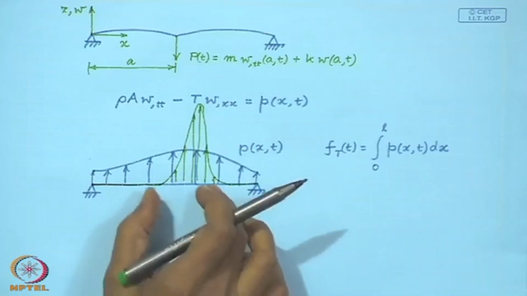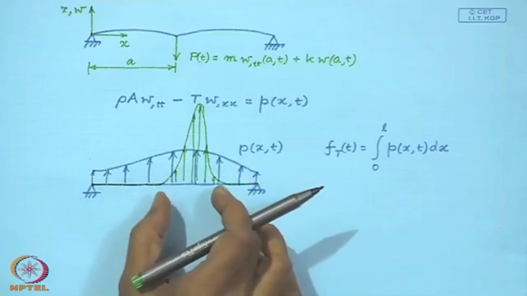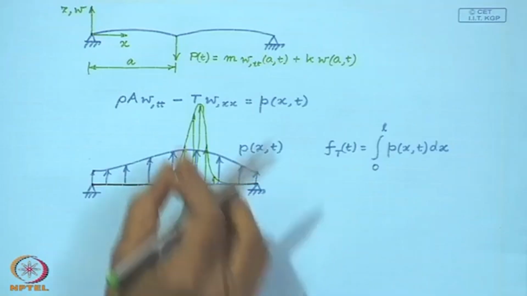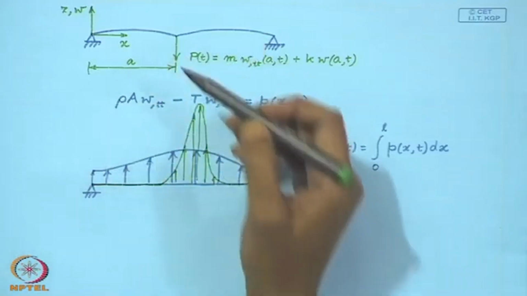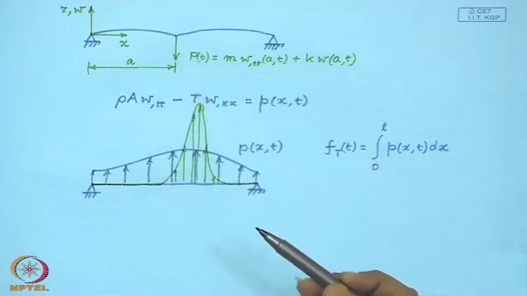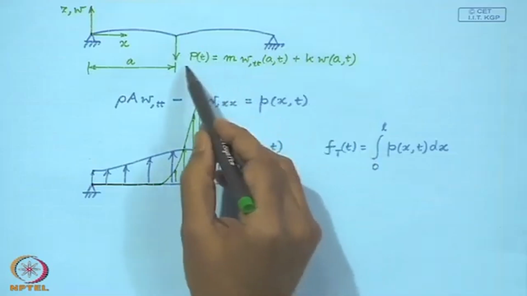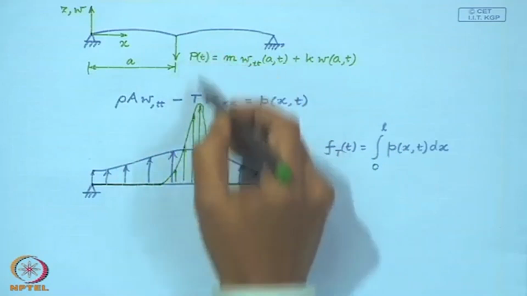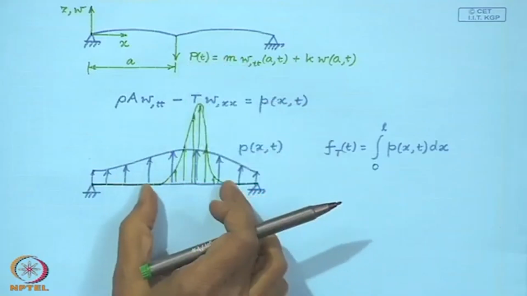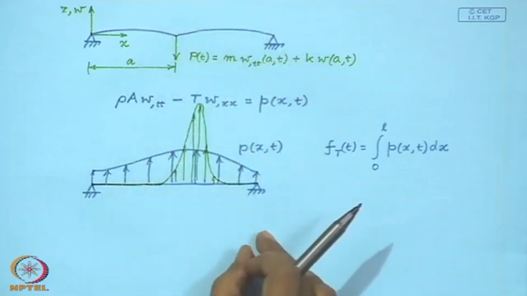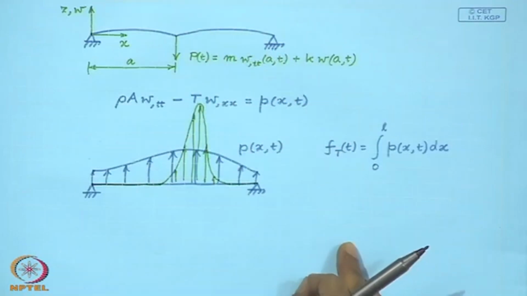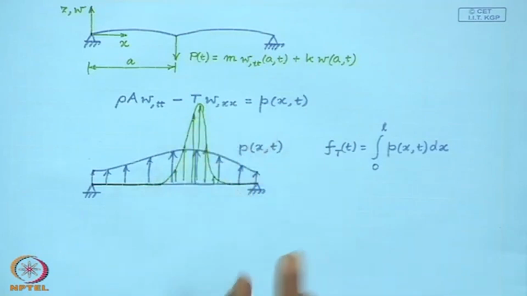So, you can imagine as this non-zero region shrinks to 0, as in the case of a concentrated force here that I have shown, retaining the same total force, then this is going to shrink to 0, but its amplitude or the magnitude here is going to blow up. But the integral under this will be finite, and that will be given by this quantity.